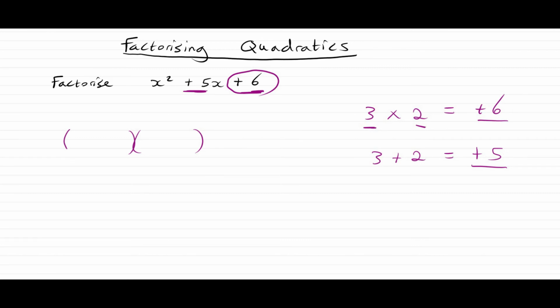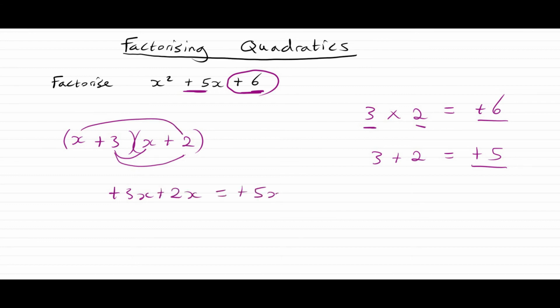So quadratics usually start, especially if they look like this, where you have the x squared at the front, with an x and an x when you're factorizing, because x times x gives you x squared. Then you just slap in the plus 3 and the plus 2, because again, 3 times 2 will give you the plus 6. And when you do 3 times x, which is plus 3x, and x times 2, which is plus 2x, that gives you plus 5x, okay?